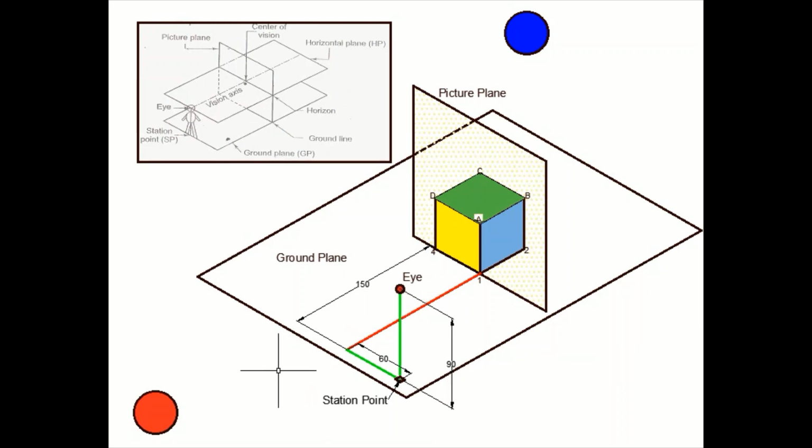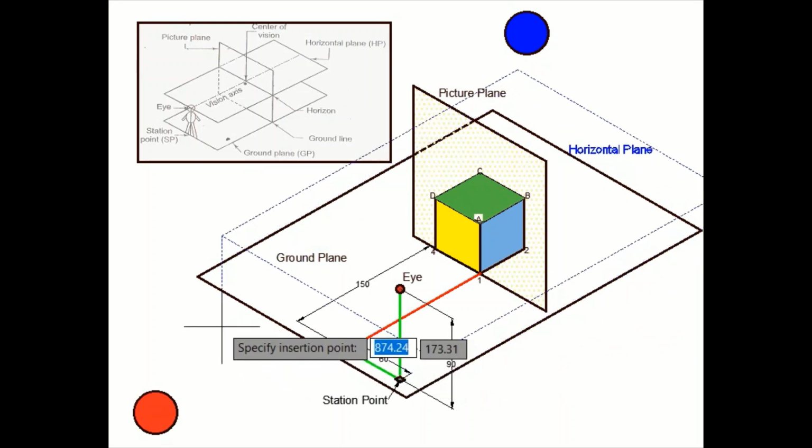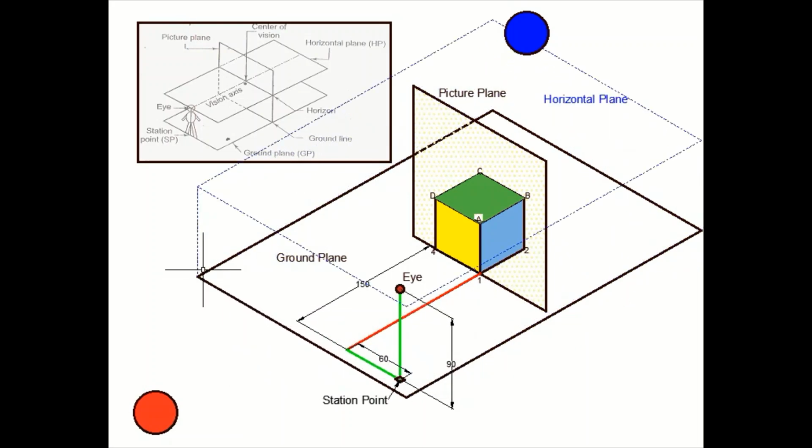So if I put another plane, which is called the horizontal plane, passing through the eye level of the observer, these two planes, that is the horizontal plane and the ground plane, will look like two horizontal lines separated by a distance of 90 mm from this location to you.